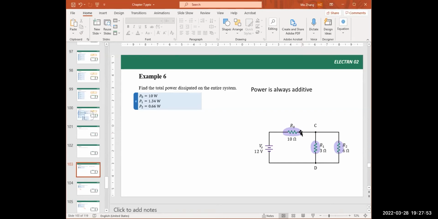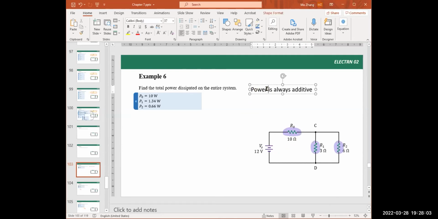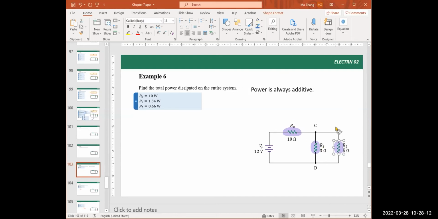So how can we do it? Actually, the answer is simple. Here is a note: power is always additive. No matter whether resistors are connected in parallel or in series, it doesn't matter. When we need to find the total power dissipated on the system or subsystem, there is no need to worry about parallel or series, because that part of the work has been done already.